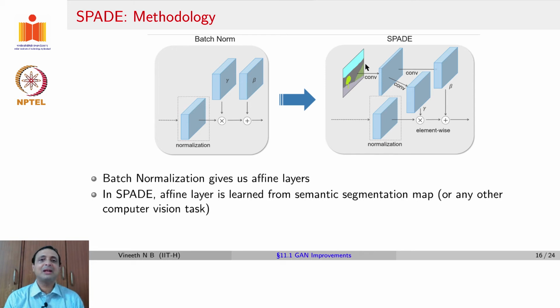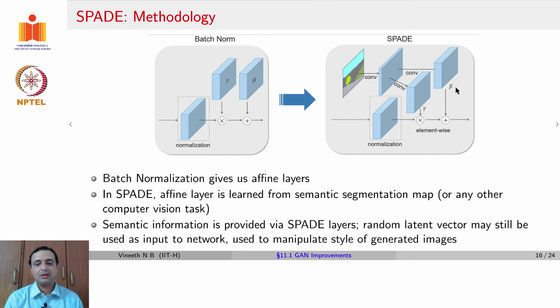Recall that a semantic segmentation map has a pixel-wise association of a class label. So you can see here in this sample, you have a tree, you have a sky, you have a mountain, you have grass, and you have a road perhaps. That is used to define the gamma and beta for normalization.